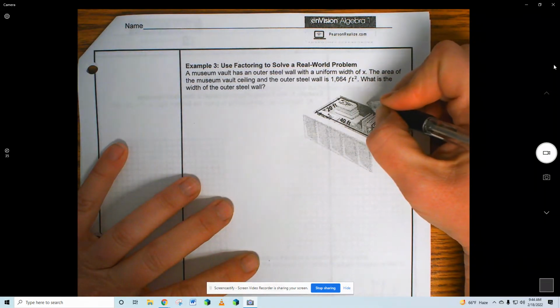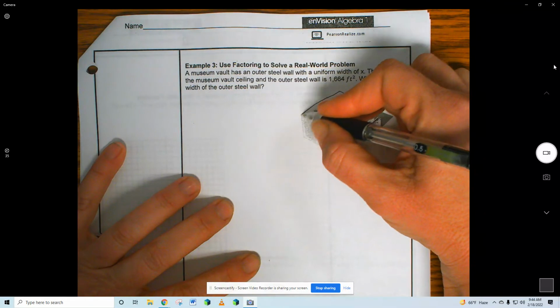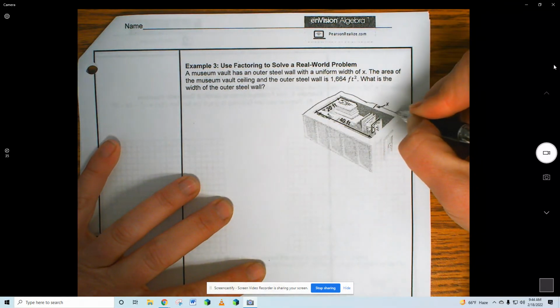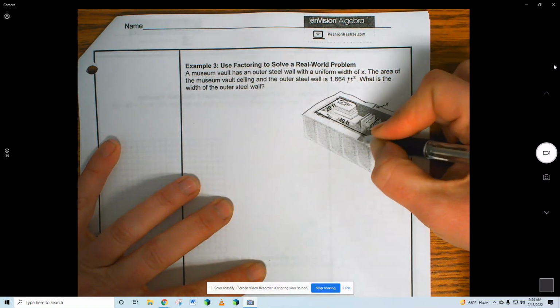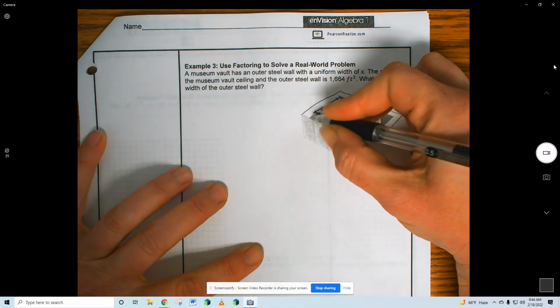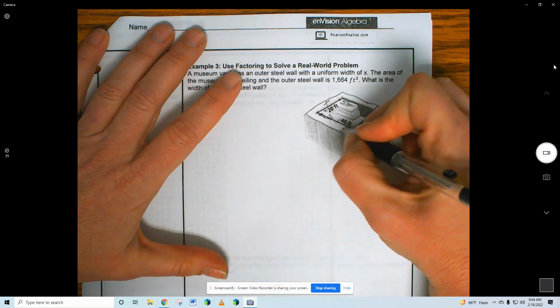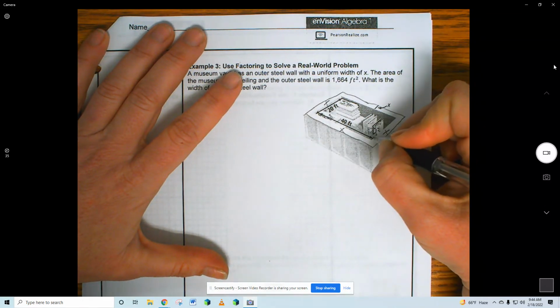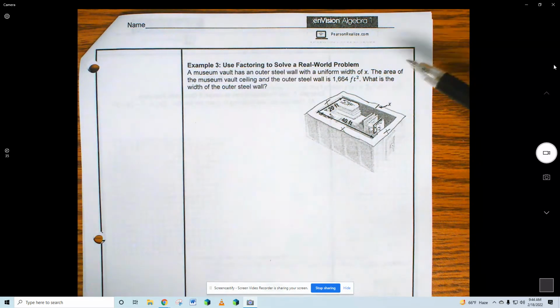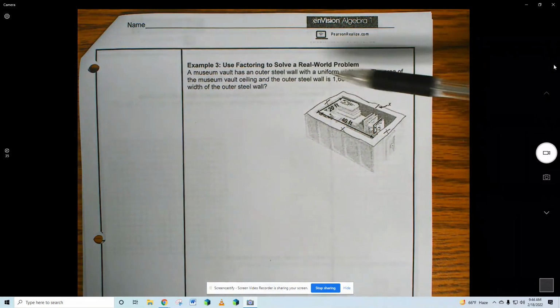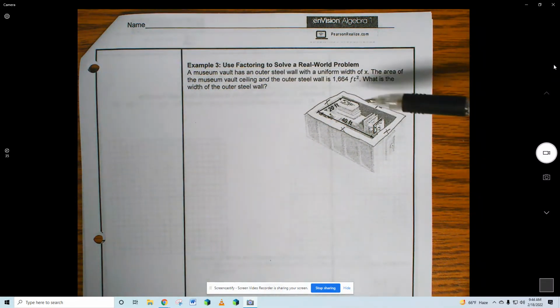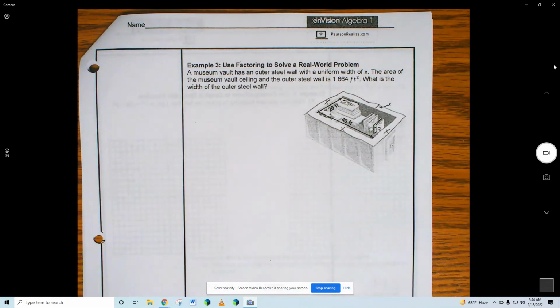It's kind of hard to see, but okay, so it's x wide on each side. We've done problems like this before. The area of the museum vault ceiling and the outer steel wall is 1664.